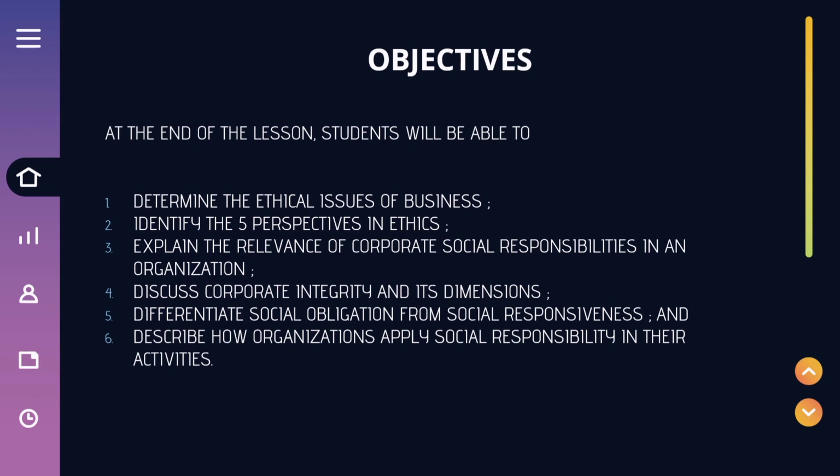Explain the relevance of corporate social responsibilities in an organization. 4. Discuss corporate integrity and its dimensions. 5. Differentiate social obligations from social responsiveness. And 6. Describe how organizations apply social responsibility in their activities.